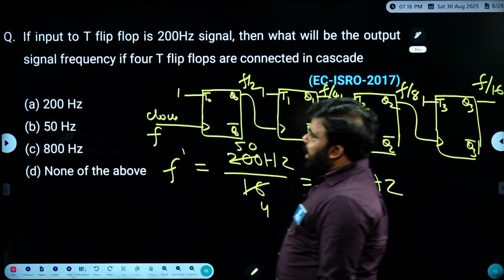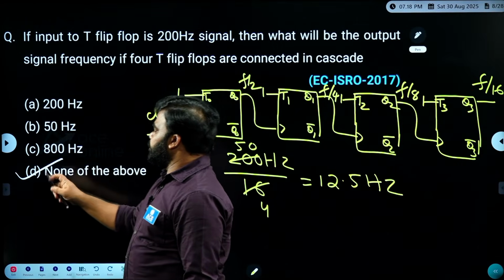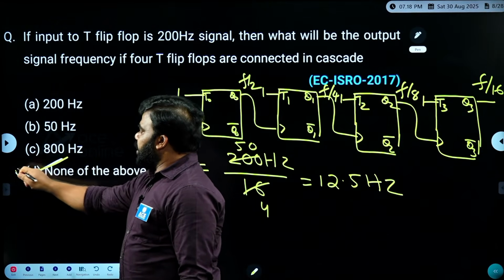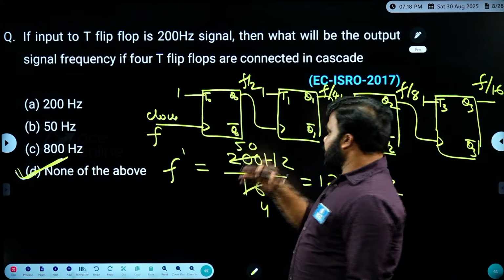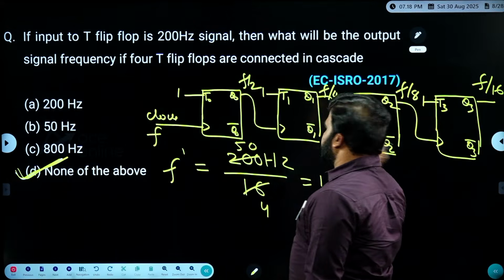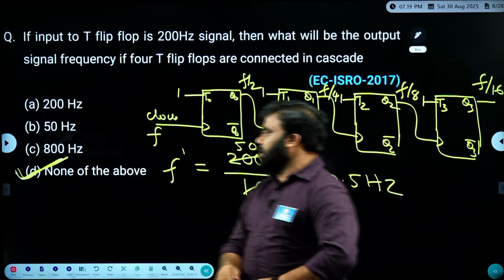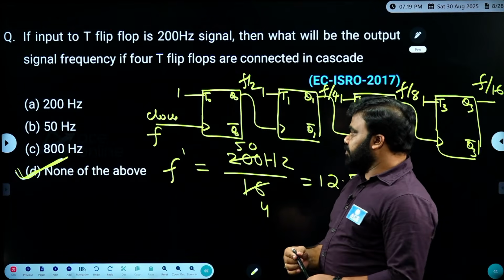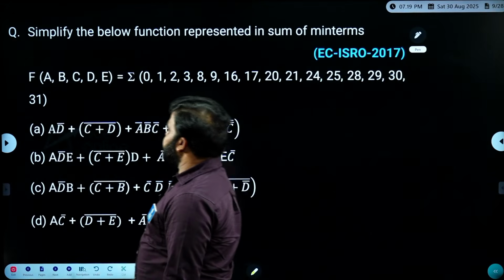So, it is missing in the options, so we can choose none of the above. Right? The answers given are not matching with the frequency we are getting after the fourth stage, which is 12.5 Hz. So, the answer is not there in the given options, so we can choose none of the above. Right? Let us see the next question.